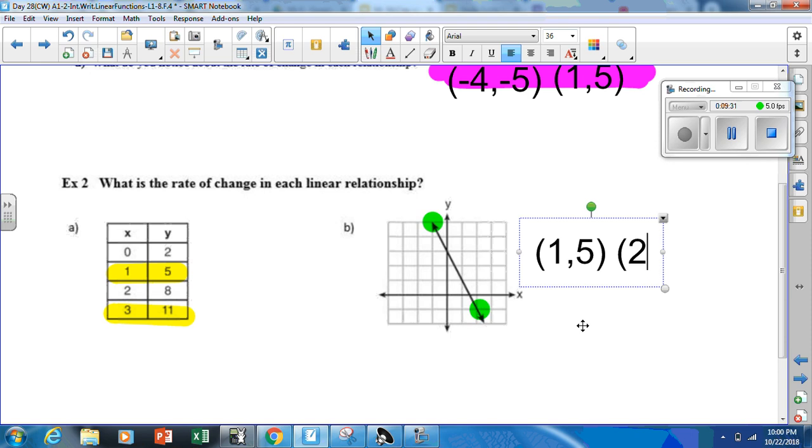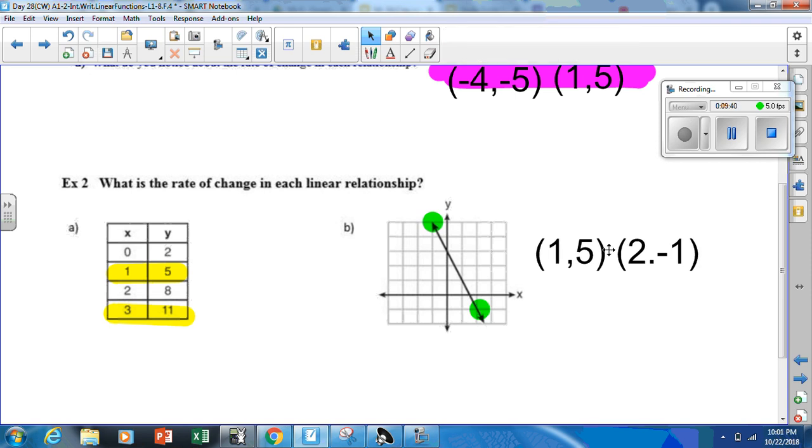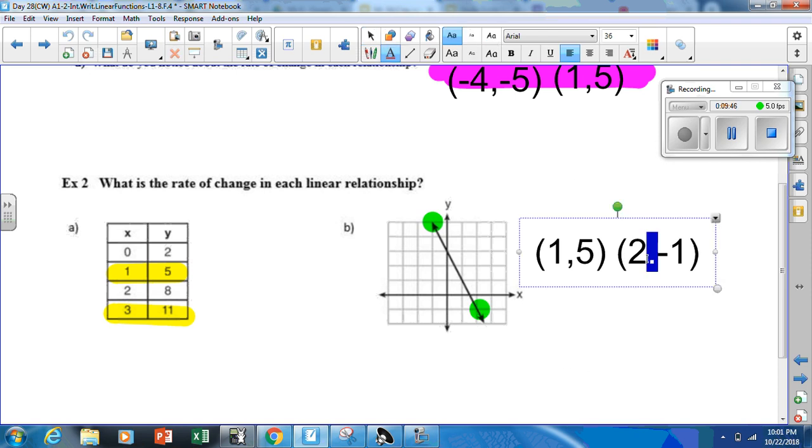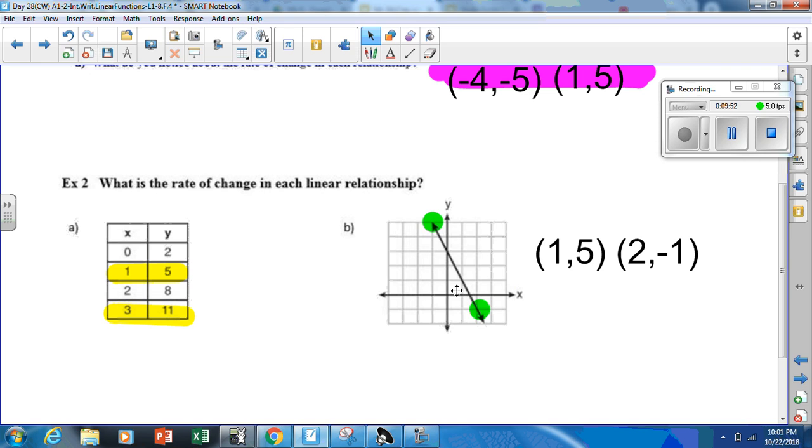So (2, -1). All right, let's see if that makes sense. Wrong notation. It should be a comma, not a decimal. Okay. Does it make sense? Let's ask. I'm going over 2 spaces, 1, 2, and down 1 space. Okay, that makes sense.